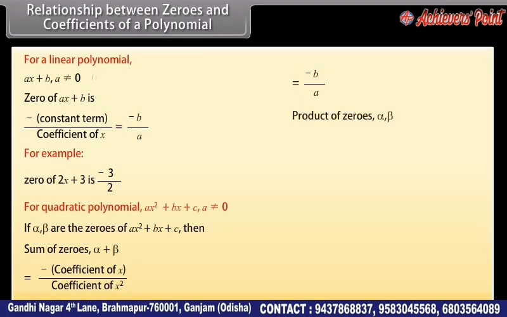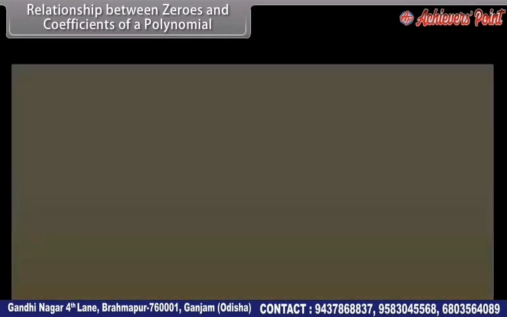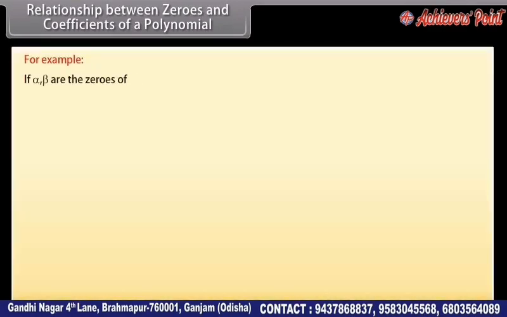Product of zeros, alpha beta, is equal to constant term upon coefficient of x², which is c/a. For example, if alpha, beta are the zeros of 2x² + 3x + 2, then alpha + beta is equal to -3/2, and alpha beta is equal to 2/2, which equals 1.